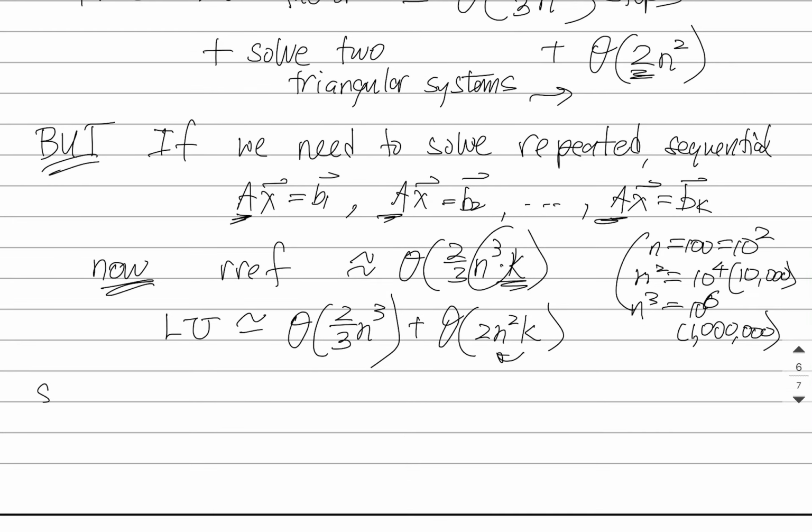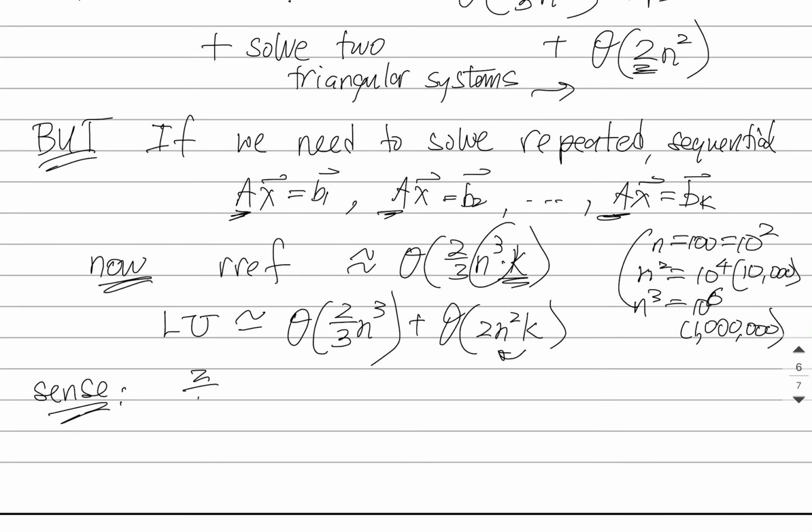Now, for a sense of how much better this is, it's kind of like asking, if I have 2/3 n cubed, so if this is the number of operations I need to do, how many 2n squareds will fit in it? Well, if you do some simple algebra here, you'll get n over 3. So that means if, let's say, n is 300, then n over 3 is 100.